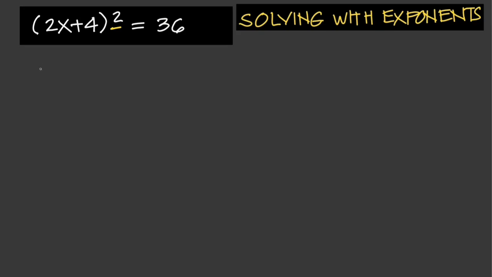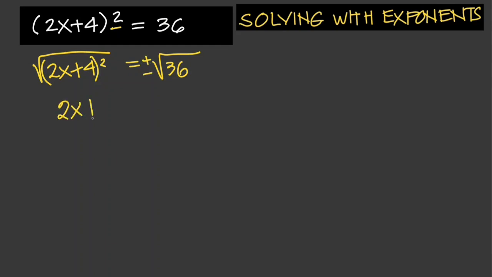So we simplify the roots: the square root of 2x plus 4 squared, and the square root of 36. This is plus or minus, and this is just 2x plus 4 equals plus or minus 6, since the square root of 36 is 6.